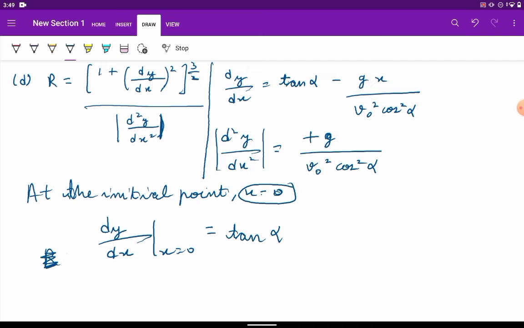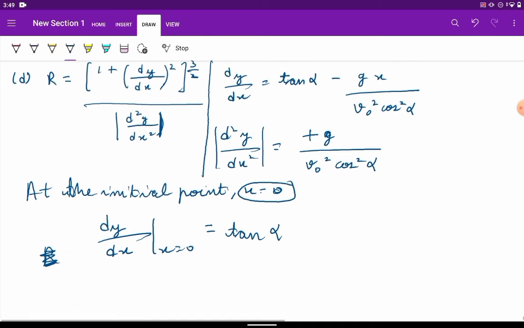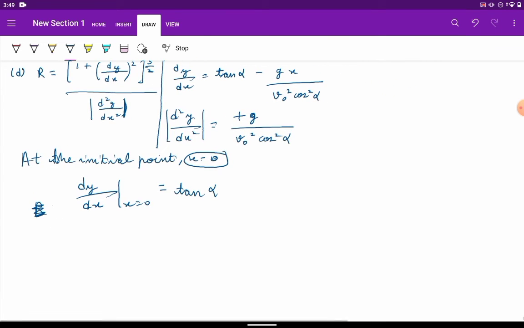So your capital R becomes 1 plus tan square alpha, whole power 3 by 2.